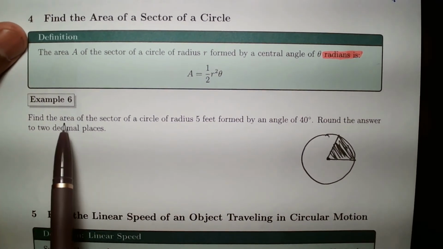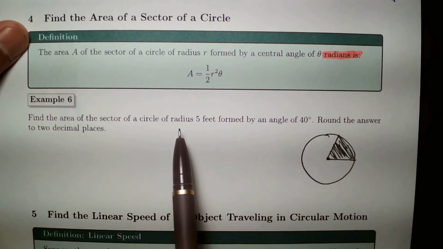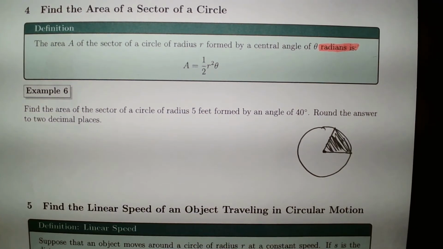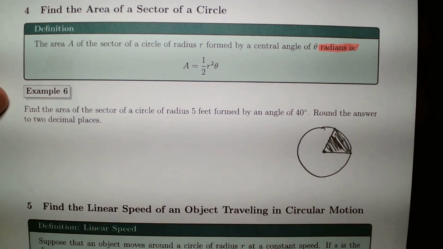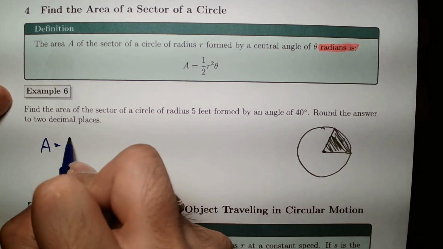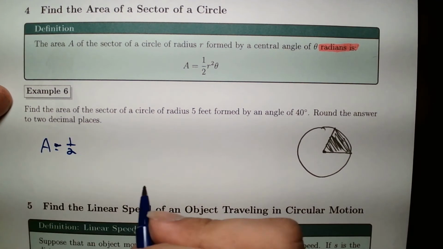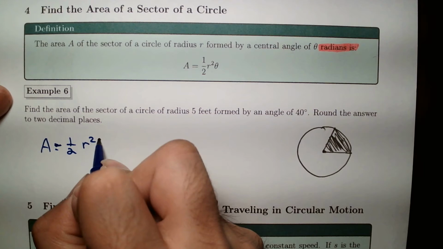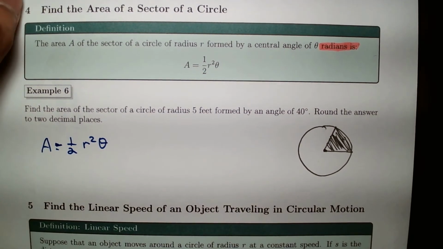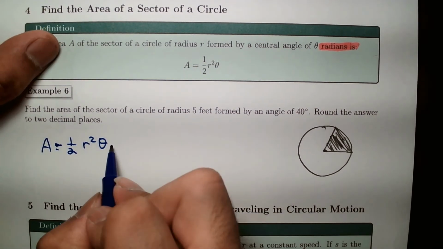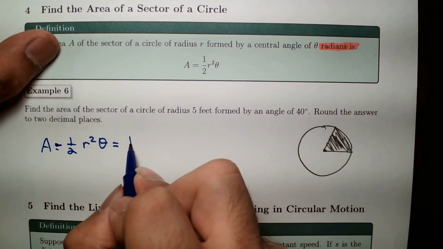Find the area of the sector of a circle of radius 5 formed by an angle of 40 degrees. Round the answer to 2 decimal places. Let's start writing down the formula. A equals 1/2 r squared times theta. If we put the numbers just like this, that's fine.